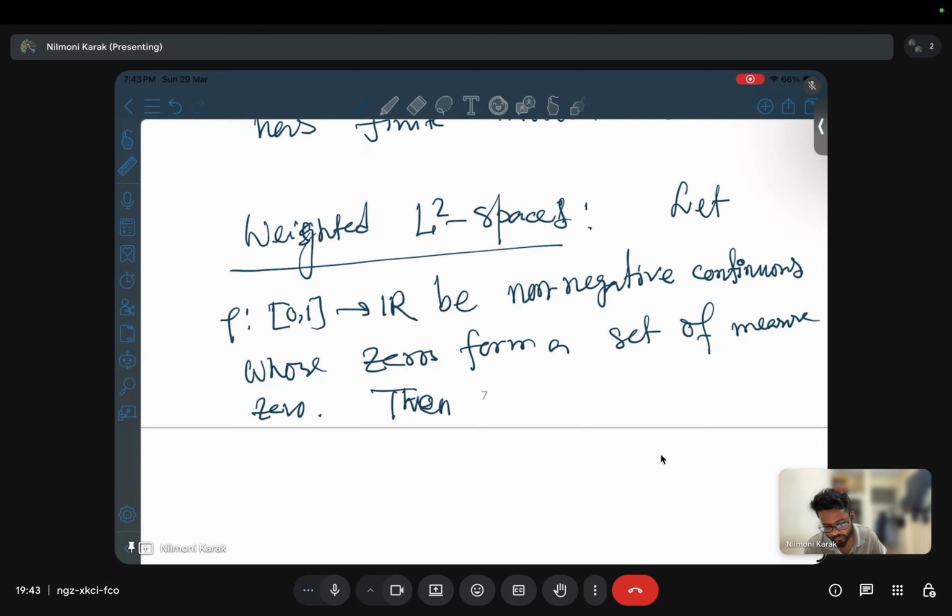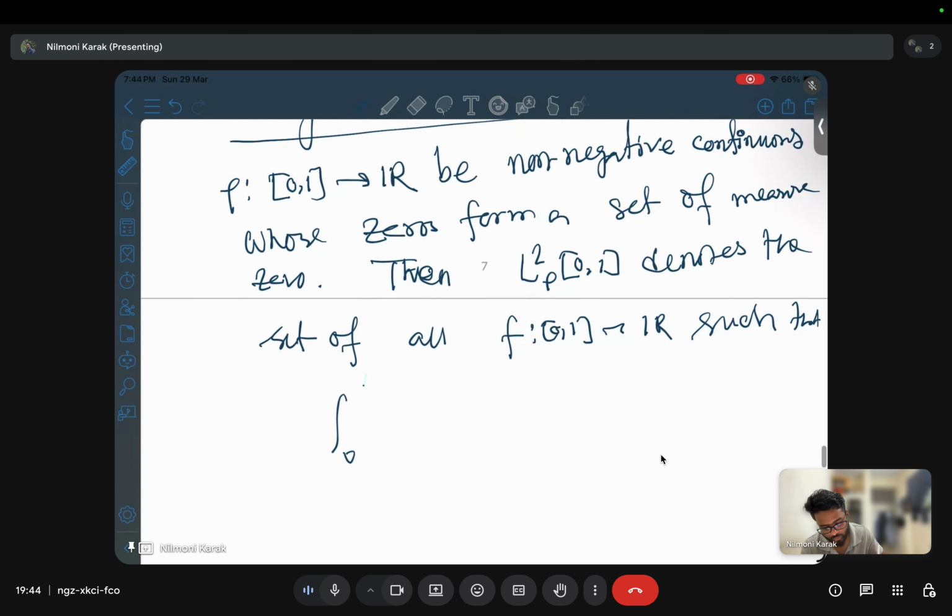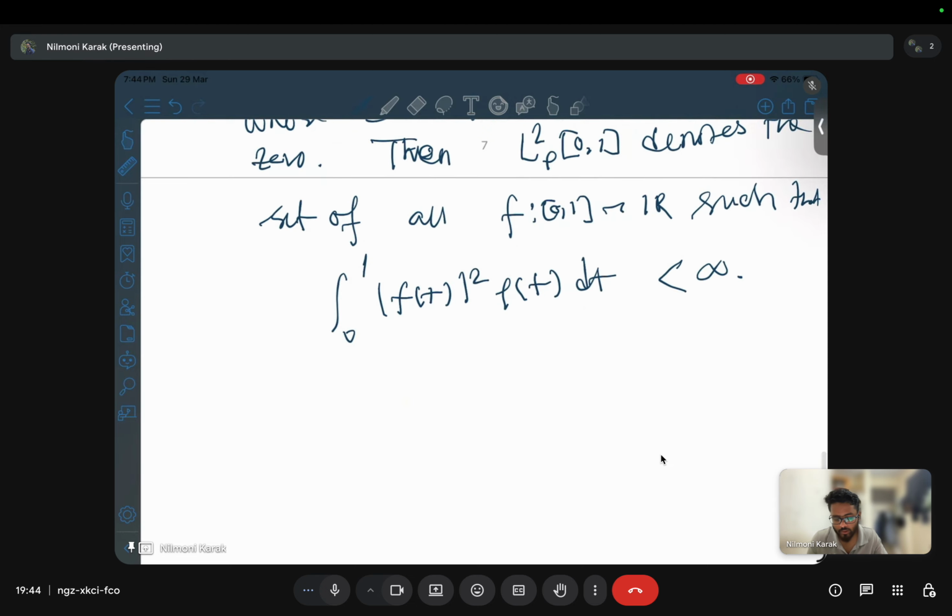Then L2 rho 0,1 denotes the set of all f from [0,1] to R such that the weighted integral over 0 to 1 is finite, and here we can define an inner product like this.